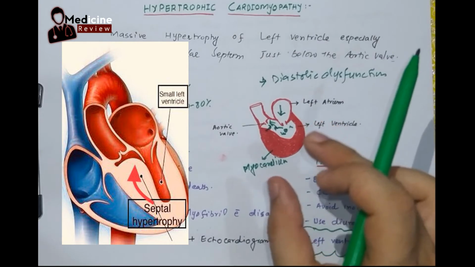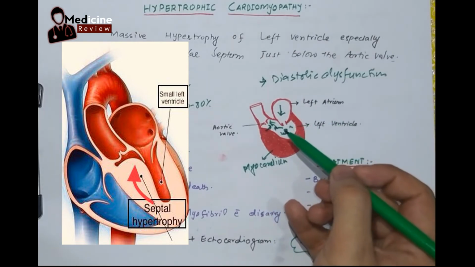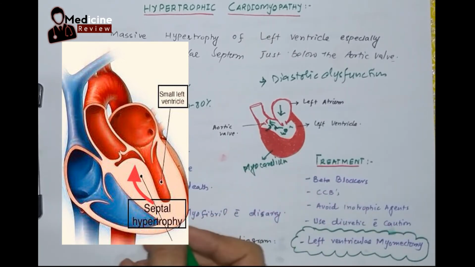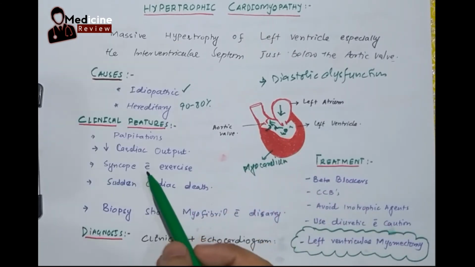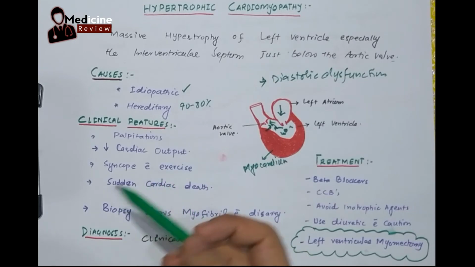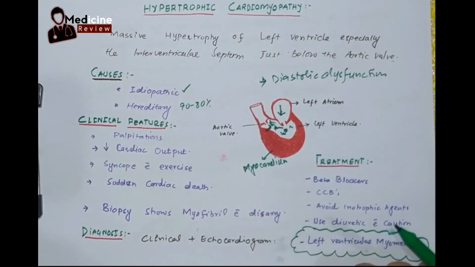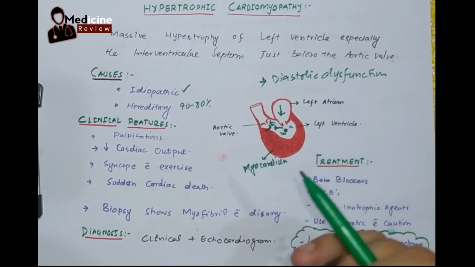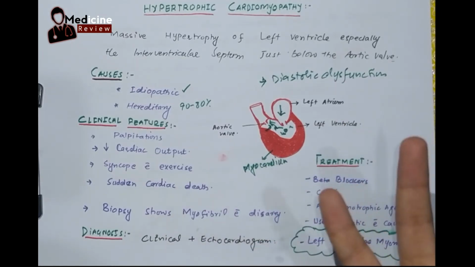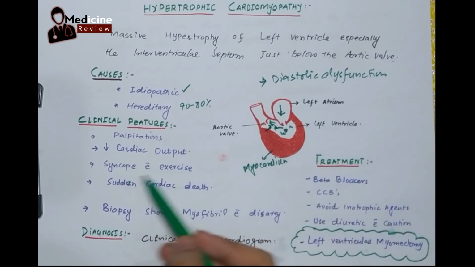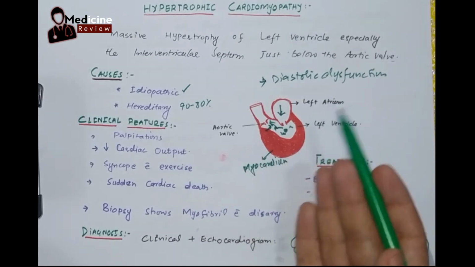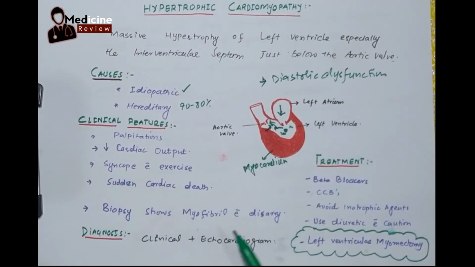It is very minimal, so the stroke volume is much decreased. So there will be decreased cardiac output, and when a patient with hypertrophic cardiomyopathy goes for severe exercise, the decreased cardiac output will lead to decreased supply to the brain, which will lead to syncope.